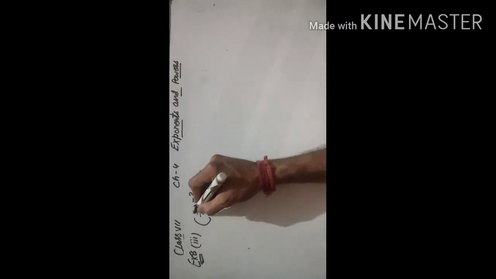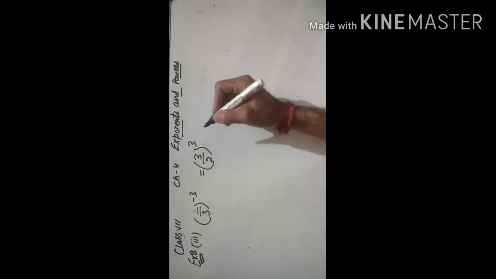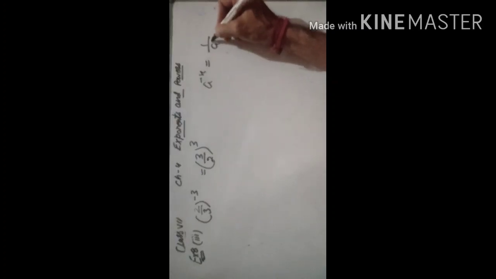Now third part is (minus 2 by 3) to the power minus 3. Now you can take the reciprocal of this, 2 by 3 becomes 3 by 2 to the power 3. A to the power minus n is equal to 1 by a to the power n.